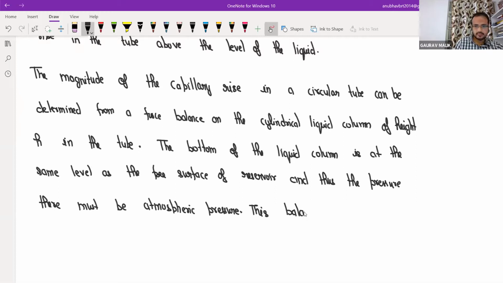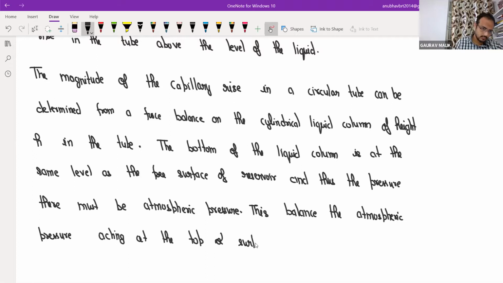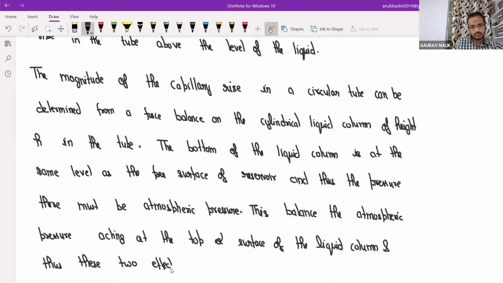And this balances the atmospheric pressure acting at the top surface of the liquid column, and thus these two effects cancel each other.